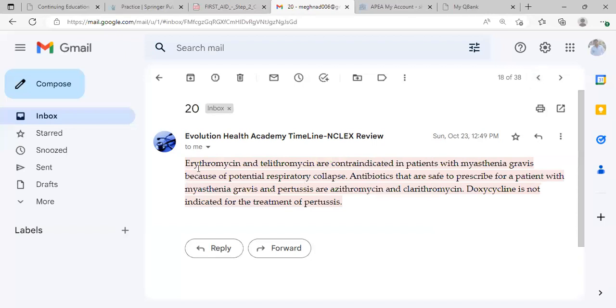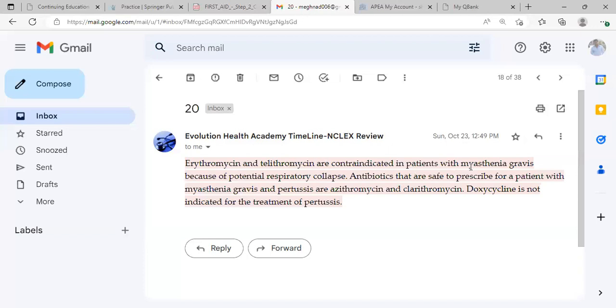Next here, erythromycin. Erythromycin is an antibiotic, and another medication called telithromycin are contraindicated in patients with myasthenia gravis because of potential respiratory collapse.